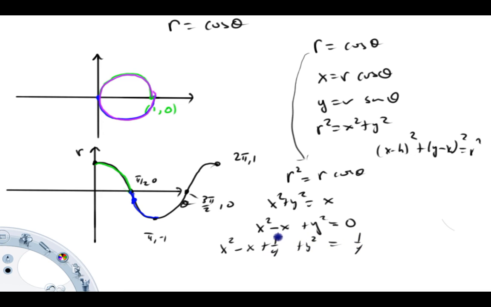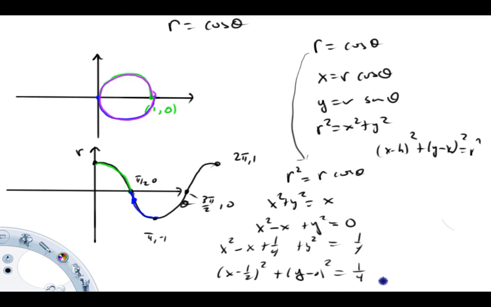The 1/4 is when you're completing the square, you look at the number in front of this, which is a 1, take half of it, which is a 1/2, and square it. This now, by design, is equal to (x minus 1/2) squared. This, we could leave alone. I'm going to go ahead and write it (y minus 0) squared. And then the right-hand side is 1/4.